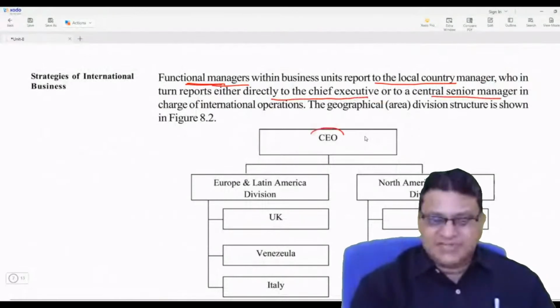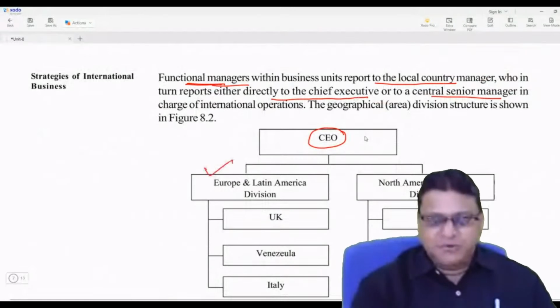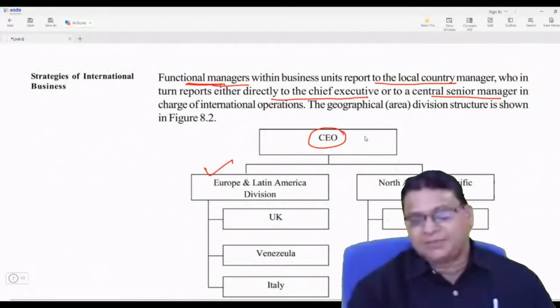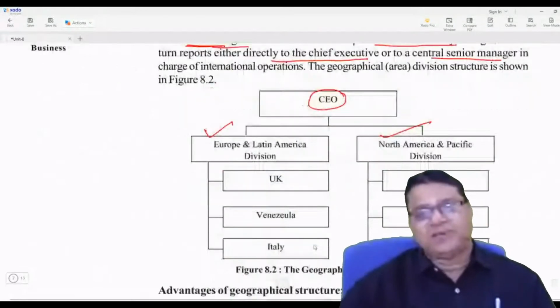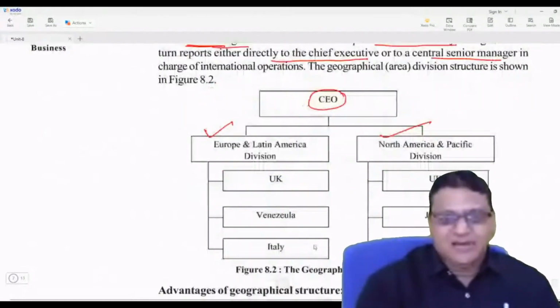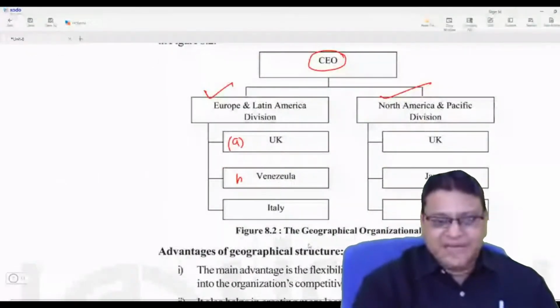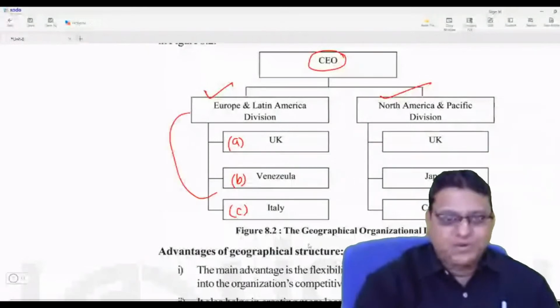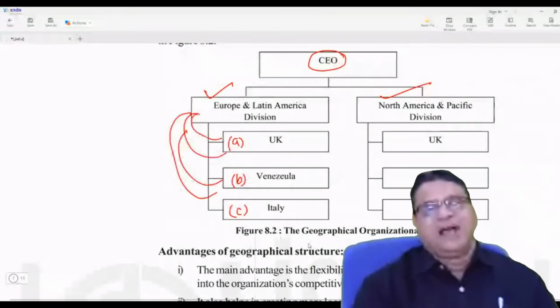So with the CEO at the top, there will be divisions on the basis of areas: Europe, Latin America division, North America division, and particularly UK, Venezuela, Italy. These are certain divisions, A, B, C. These divisional managers report to the Europe, Latin American head, and the Europe, Latin American head reports to the CEO of the company.